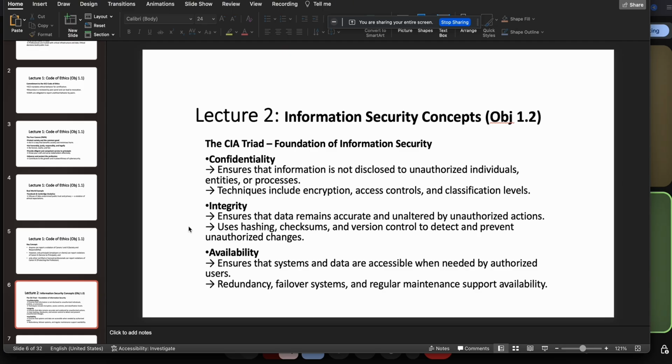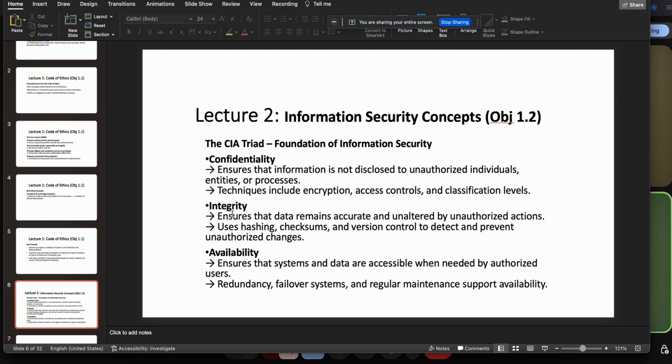Okay, now tell me something about integrity. What is your view on integrity? We have given a very good example of asymmetric encryption. The main idea is to ensure the data remains accurate and unaltered.